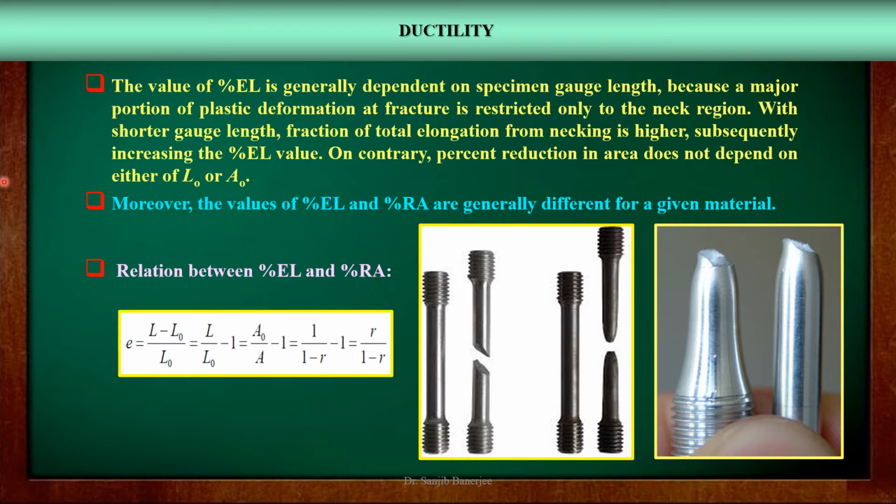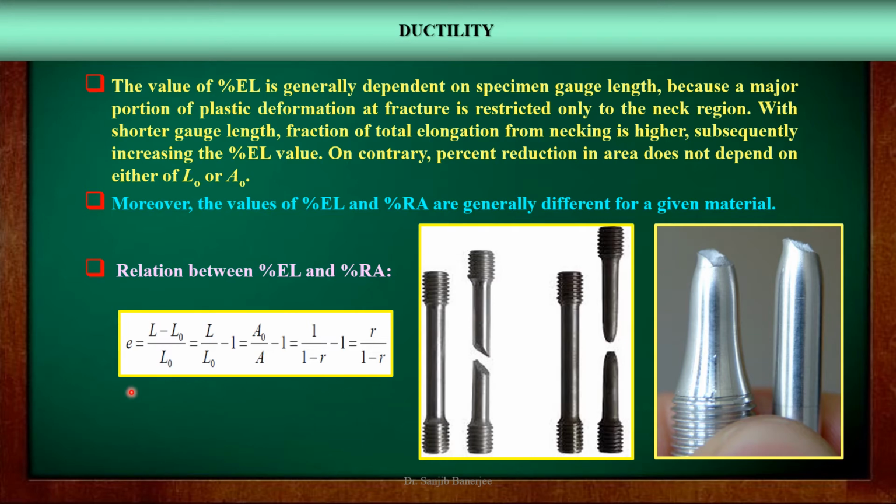The values of percentage elongation in length and percentage reduction in area are generally different for a particular material, and this is evident from the relationship between these two.